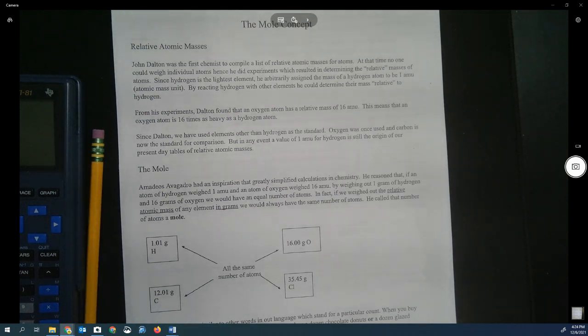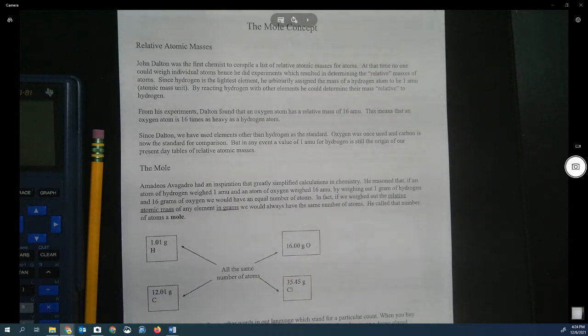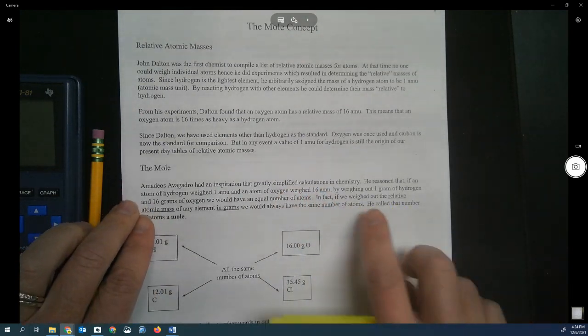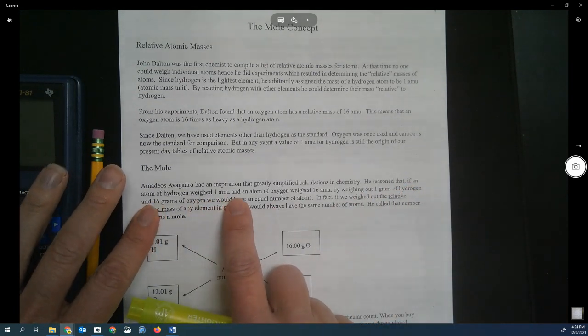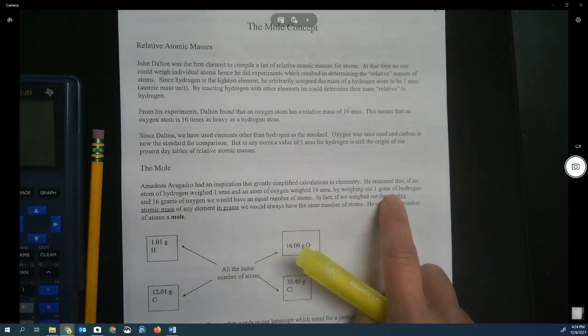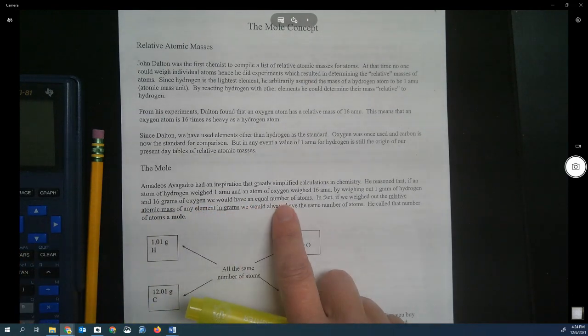Right, we just finished watching a video on how big the mole is, and we saw that Avogadro was inspired to help simplify some calculations in chemistry. He reasoned that if one atom of hydrogen weighed 1 AMU and an atom of oxygen weighed 16 AMU, by weighing 1 gram of hydrogen and 16 grams of oxygen, we would have an equal number of atoms.